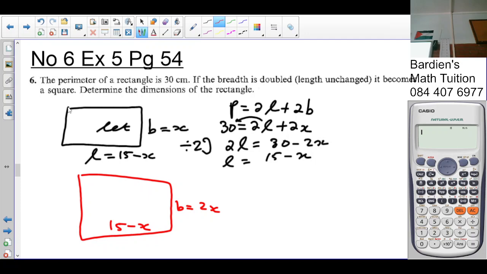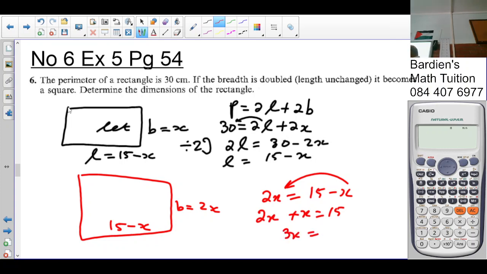So that means to say what? 2x is equal to 15 minus x. We take it over the equal sign, so 2x plus x is equal to 15. What's 2x plus x? So x is equal to 5. Have I answered the question? 5 centimeters. What is the question?